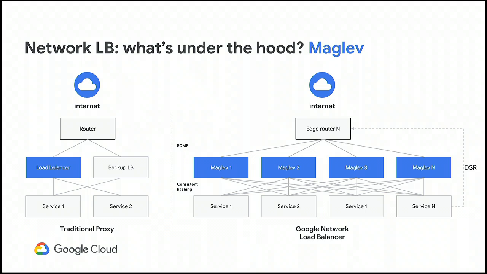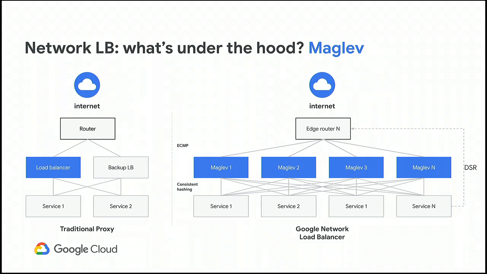What do you want out of a load balancer? You want to evenly distribute your workloads, and you want a stable connection from your client to your backend instance. And the Maglevs do this primarily in 2 ways. One, it does connection tracking of existing connections.